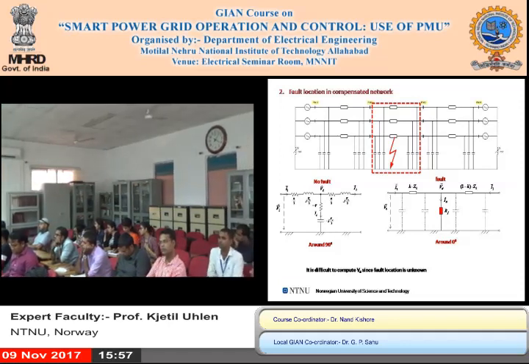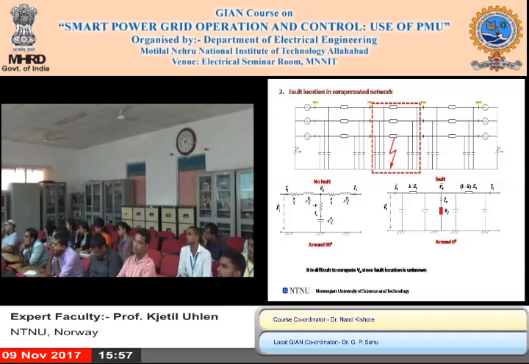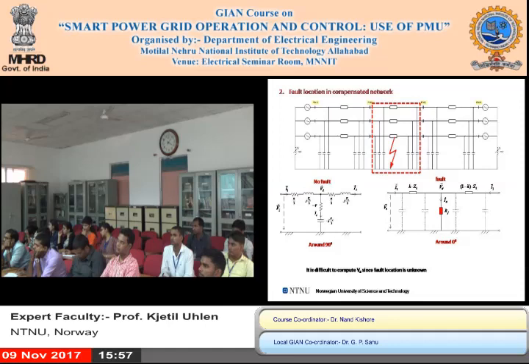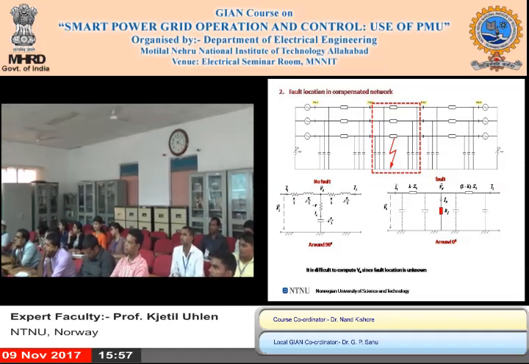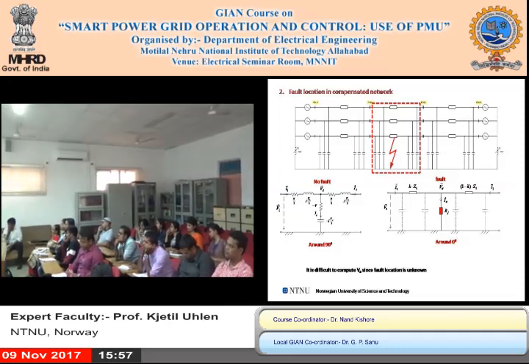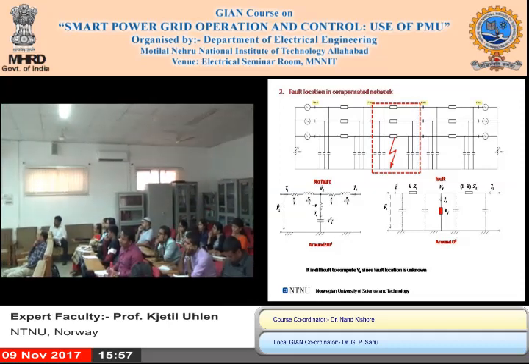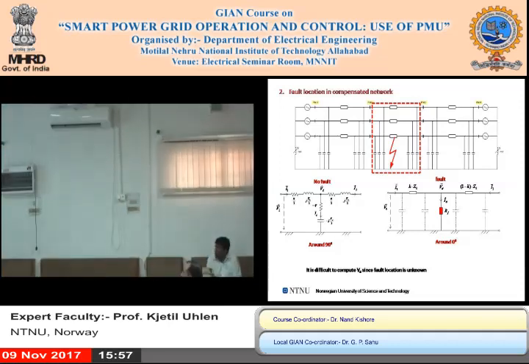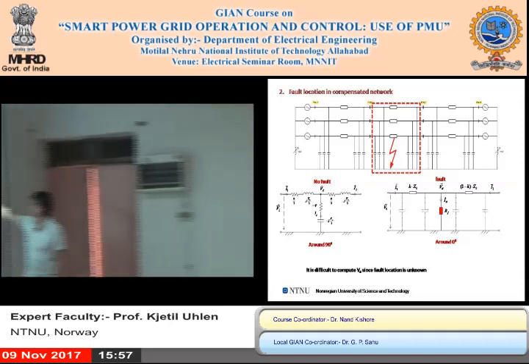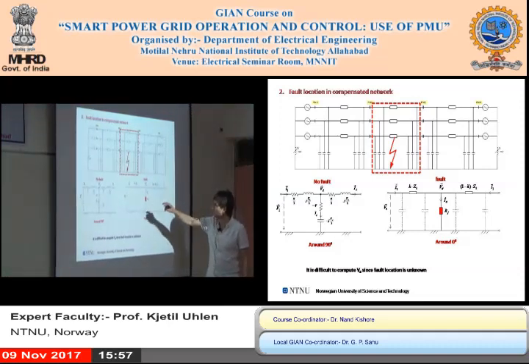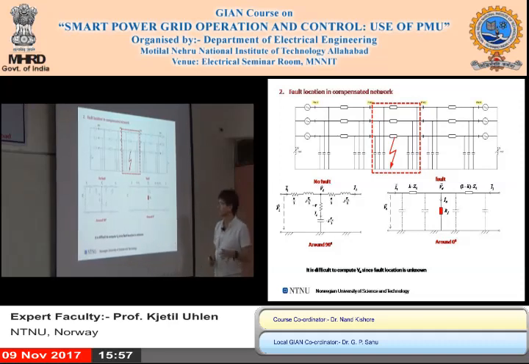If there is a fault, you can think of that as there being a resistive connection to ground, like this. Since there is no fault current of any reasonable magnitude, the current here and the current there will still be kind of normal.